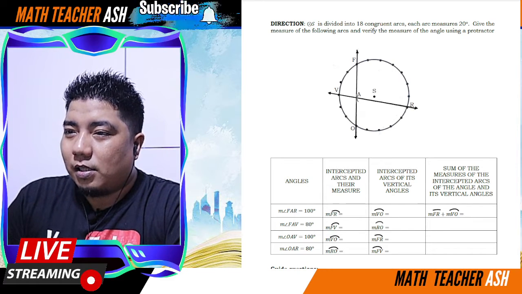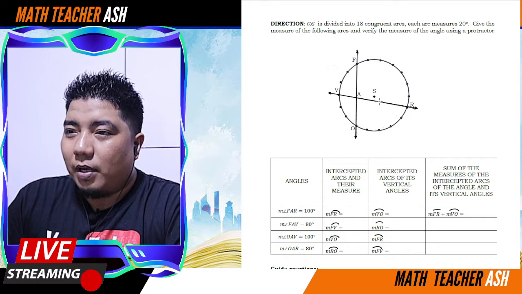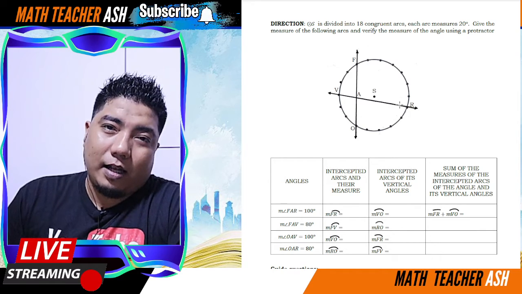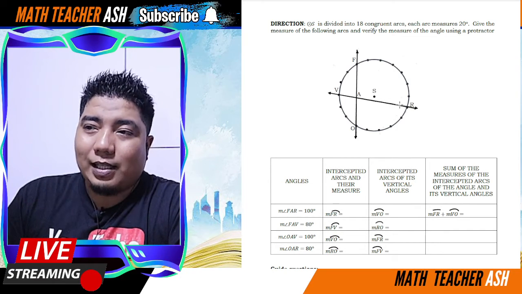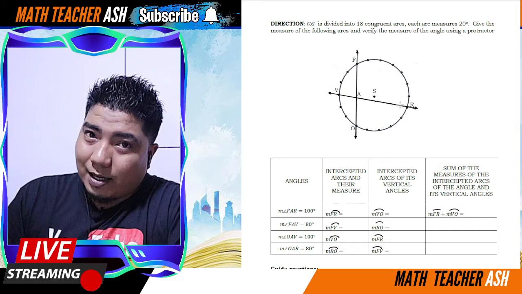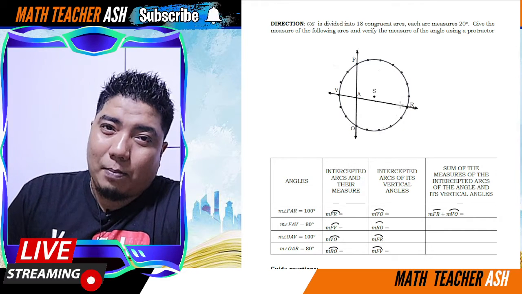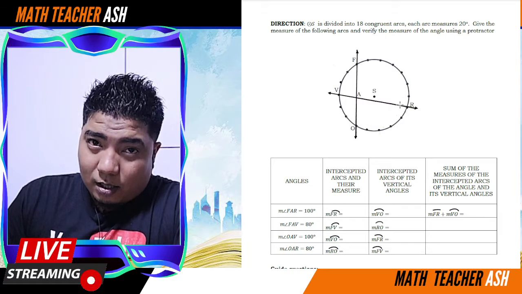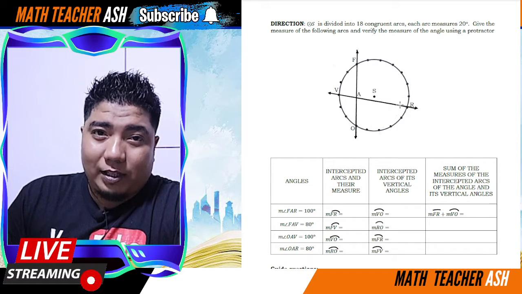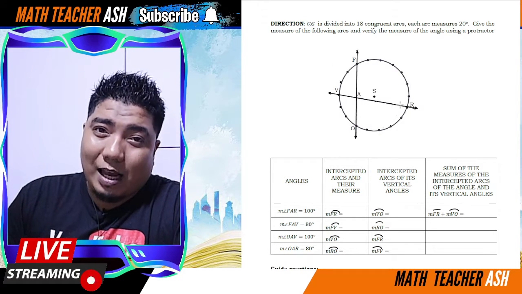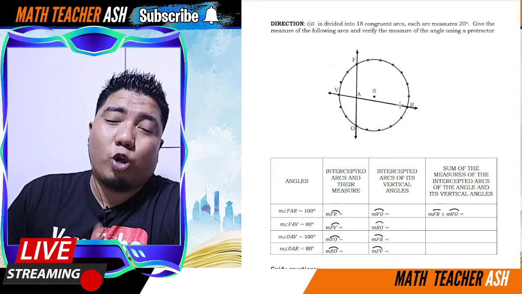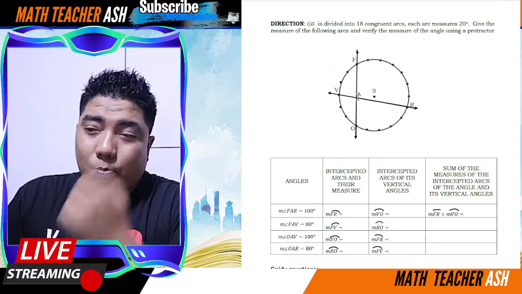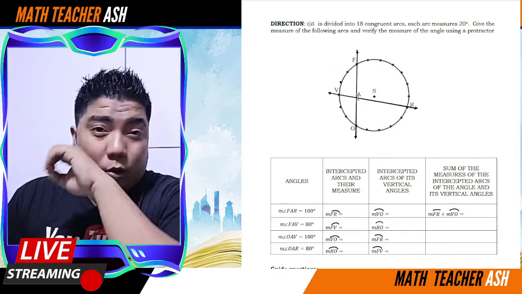Because this angle here na na-form, this is not a central angle, nor is it an inscribed angle. If you still remember our discussion, central angle is the angle that has the vertex at the center of the circle, while inscribed angle has the vertex that is on the circle. Ito nasa loob ng circle, okay, in the circle, but not on the center.